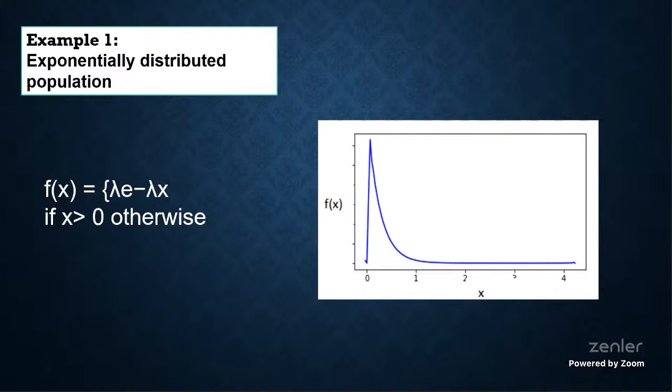So this example is about the exponentially distributed population. In this, we are going to deal with a population which is highly exponentially distributed. I say highly exponential because the peak, as you can see, has a highly exponential distribution point.